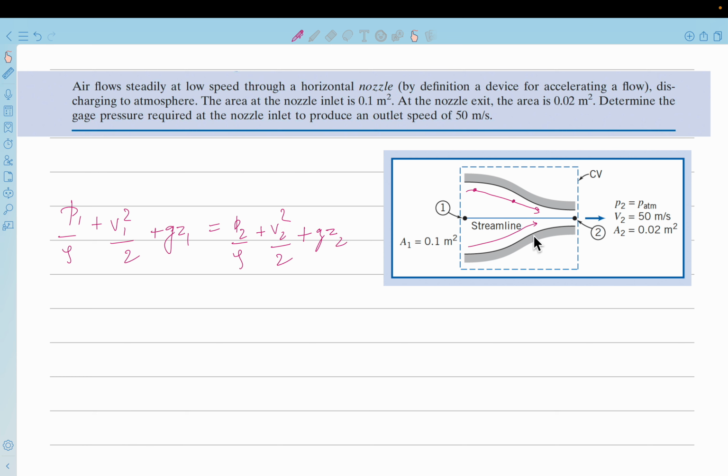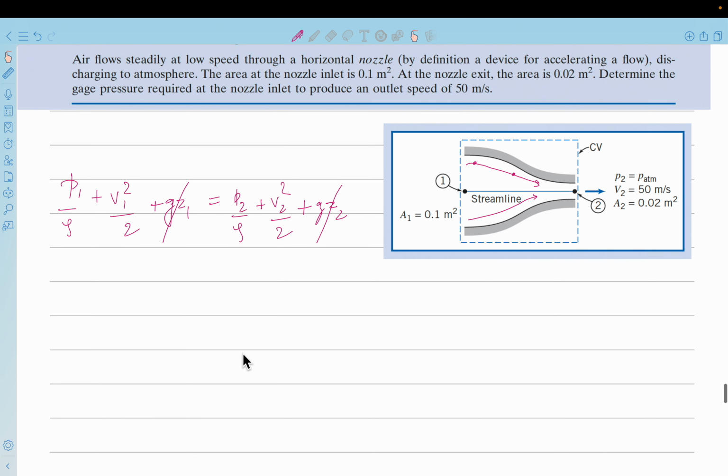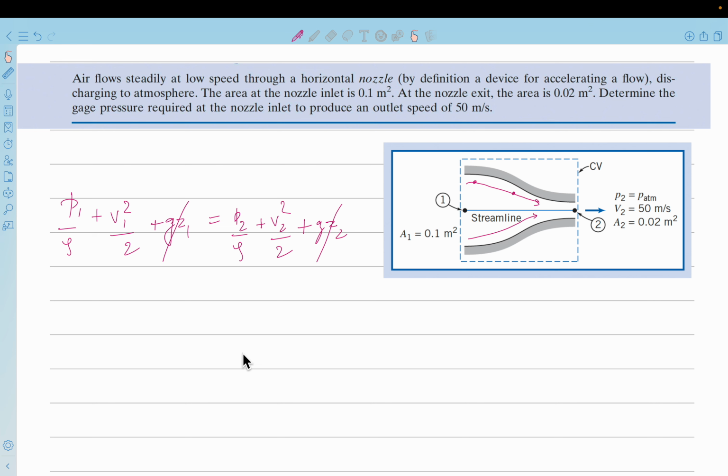Now immediately we can see they are at the same height, so this and this get cancelled.